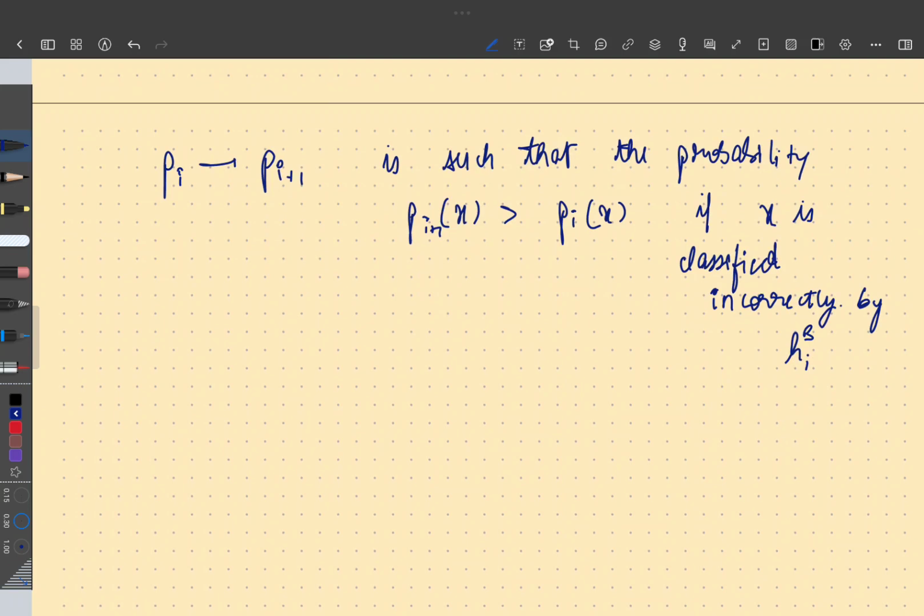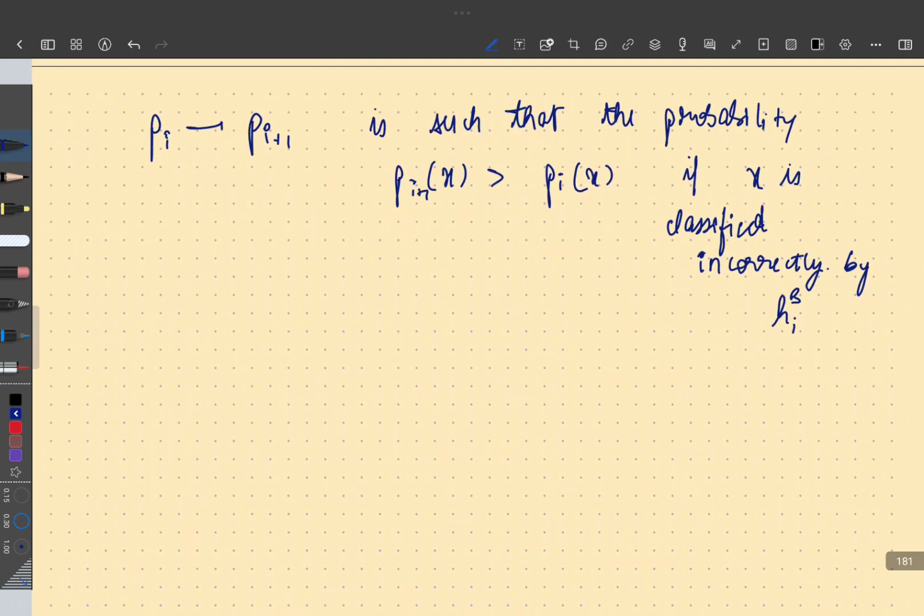Since there's a higher probability of sampling x than other samples, the new data set that you generate is going to have x with a higher probability, and maybe x will repeat. There's a higher chance of it repeating, which means that in your hi plus 1, there's a lower chance of making an error for x. All right. So that's the high level intuition.